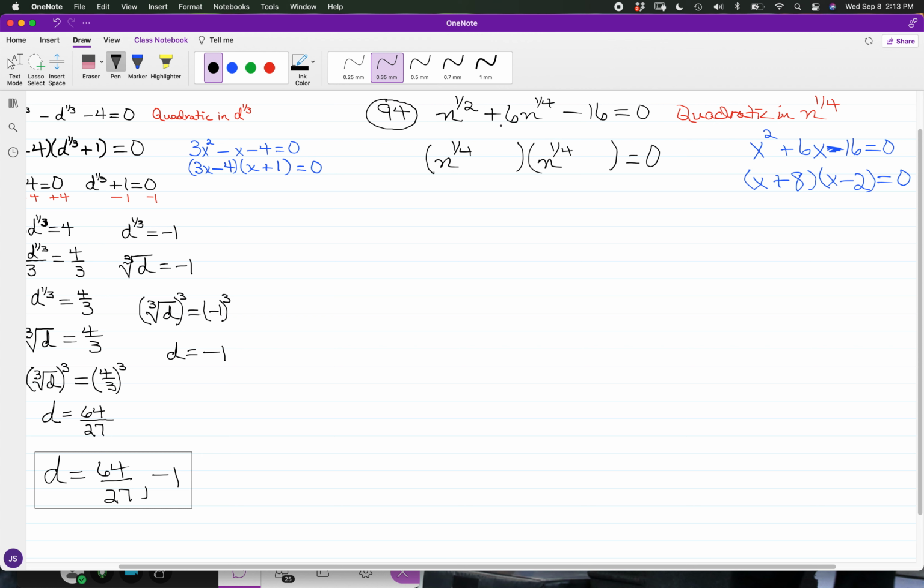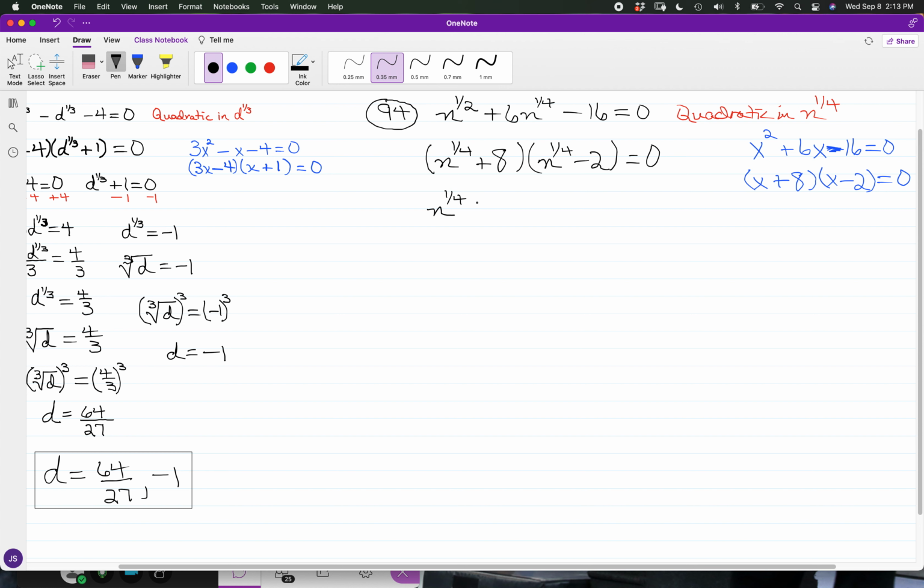And in terms of the constants, you again have factors of -16 whose sum or difference will be 6, so you have plus 8 and minus 2.